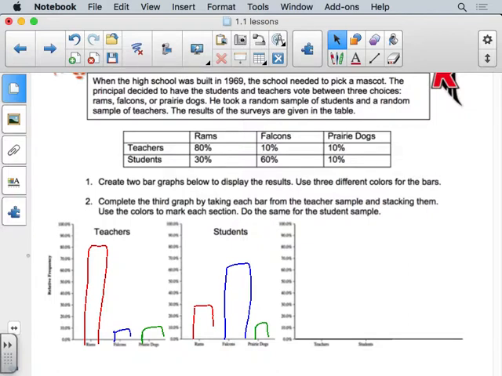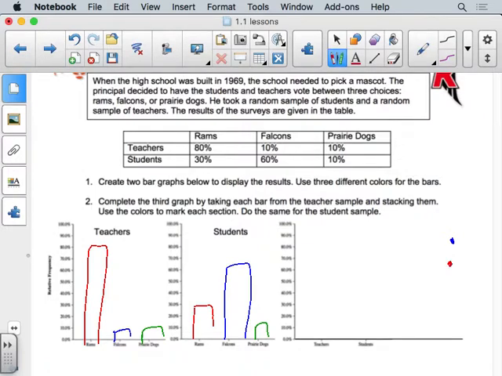Alright, so I did my little graphs, and then I want to complete the third graph by taking a bar from the teacher sample and stacking them. So we're gonna make a segmented bar graph here on the third problem. Okay. So I'm gonna keep my colors, and make sure I note which ones I used for each.